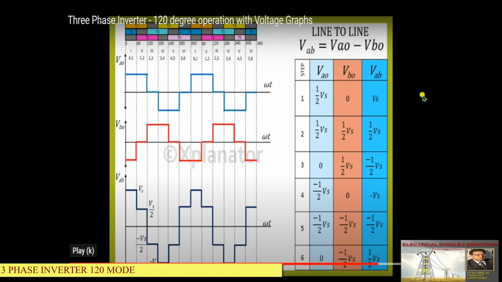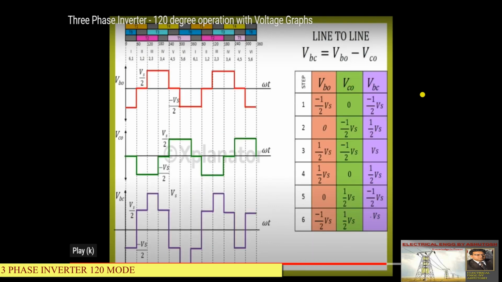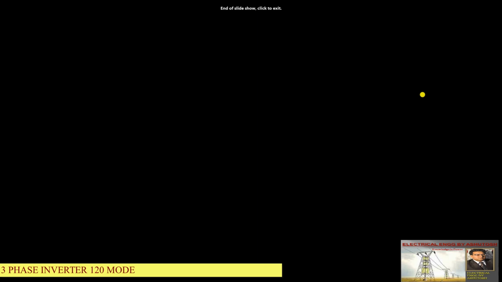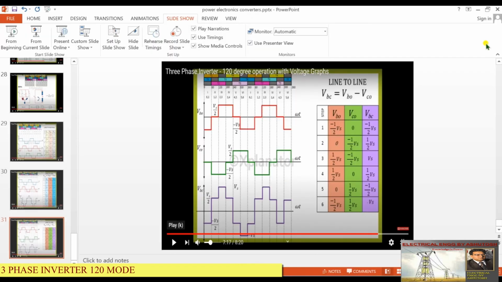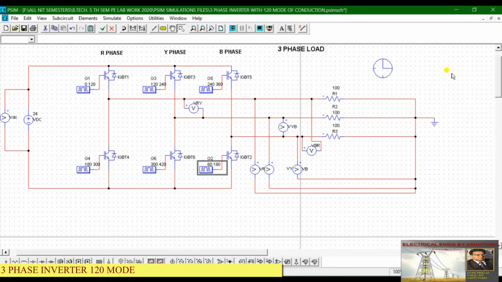So you can see the graph and calculation by pausing this video. For line to line voltage, you can calculate VBC and VCA, or you can take RYB. So these are the calculations we have done.